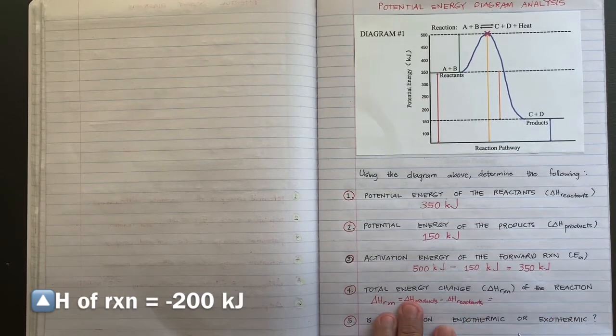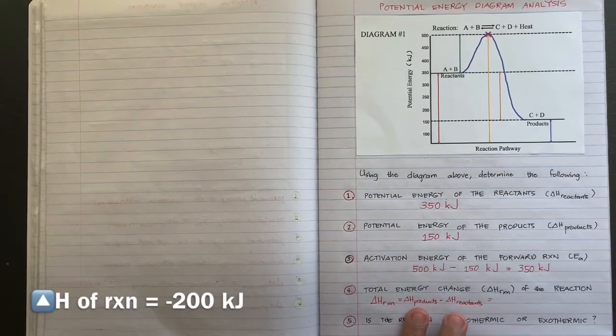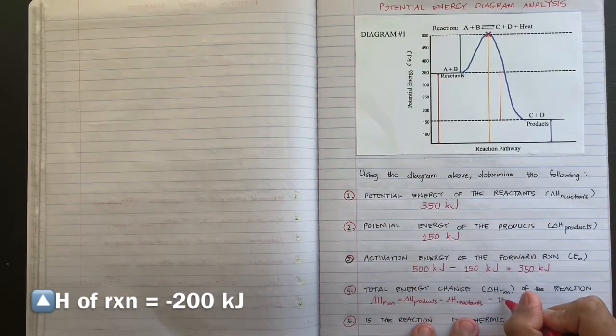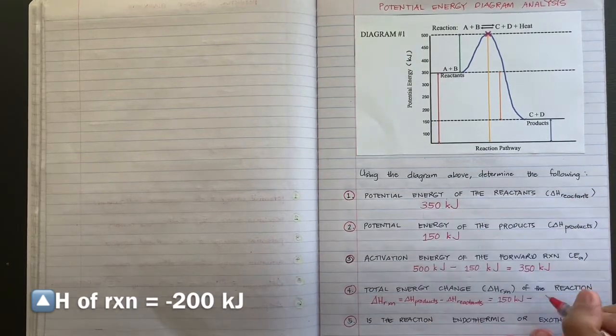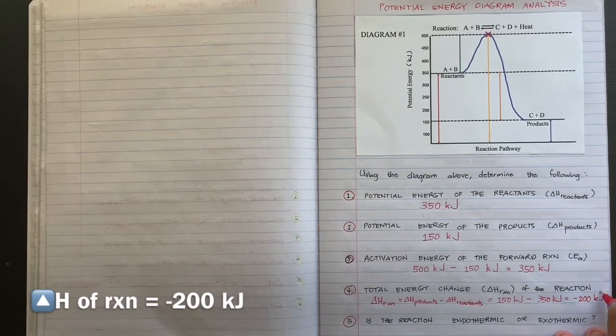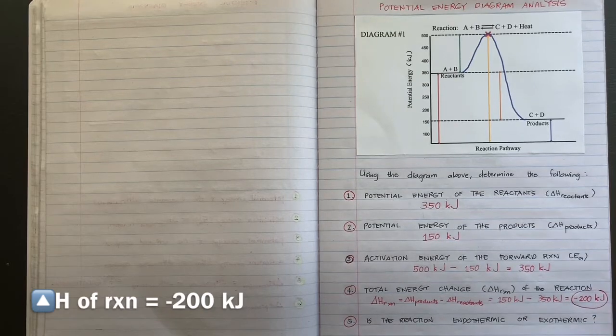We were able to read the values of the delta H of the products and the reactants here. So delta H of the products is 150 kilojoules minus the delta H of the reactants, 350 kilojoules. So 150 minus 350 kilojoules, then your difference is negative 200 kilojoules.